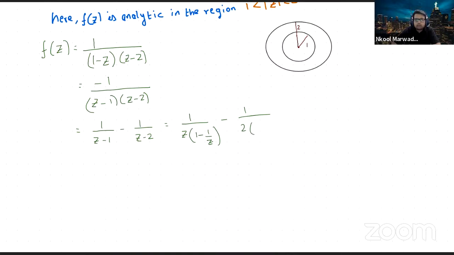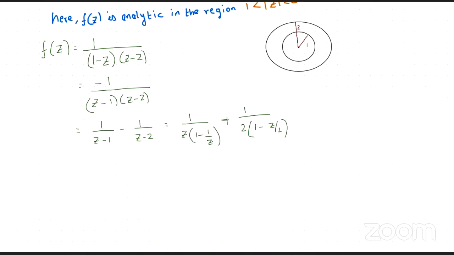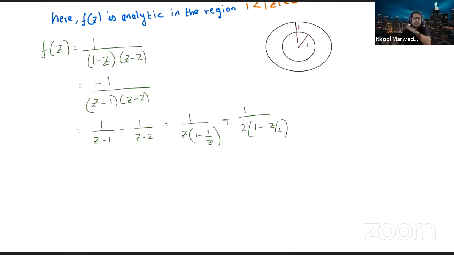It will become z by 2, or to be more precise, I can take 2 outside and write 1 minus z by 2 with a plus sign over. How am I able to do that? This z minus 2, I am taking as 2 minus z. So it will make it plus.